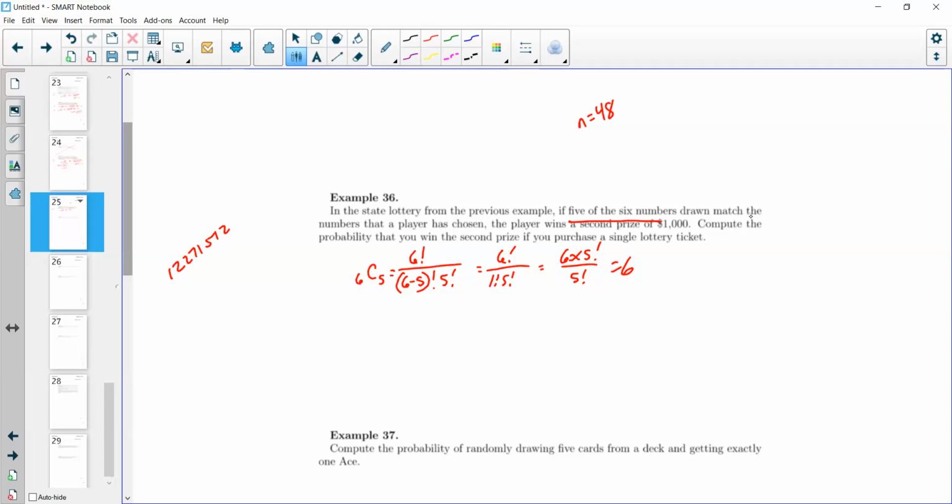So I can get 5 winning numbers 6 different ways, and the 6th number cannot be a winning number, so it can't be any of those 6. It has to be one of the other 42. So we just take 6 times 42, which is 252. So our probability is 252 over 122711512.